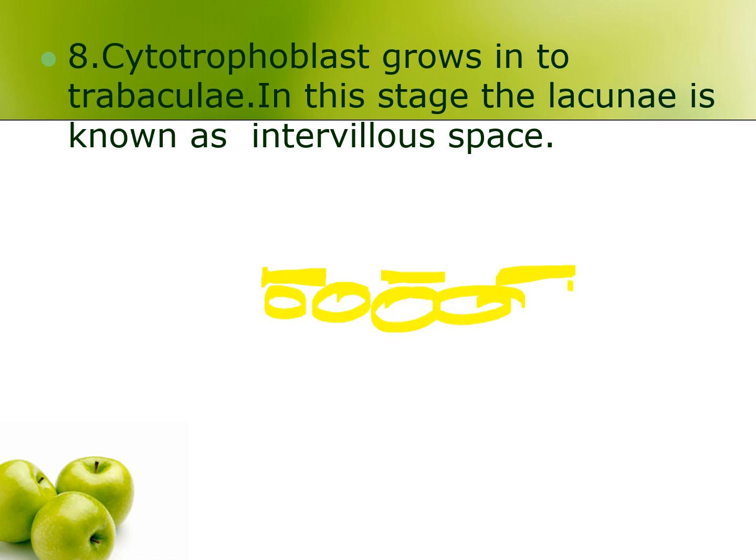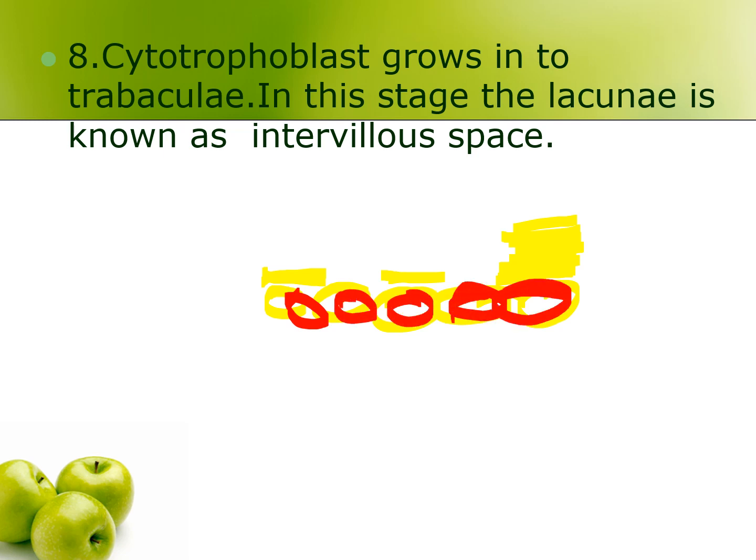Okay, cytotrophoblast is there, and this syncytial trophoblast is thicker like this. Later, the cytotrophoblast, I will just make it with a different color. This is cytotrophoblast, and the yellow is syncytial trophoblast. Okay, this cytotrophoblast will start to grow into the syncytium. This will start to grow upward. Okay, now here also it will grow.